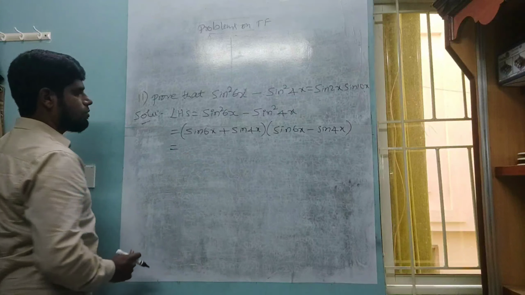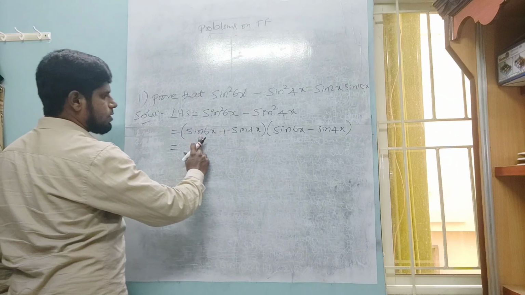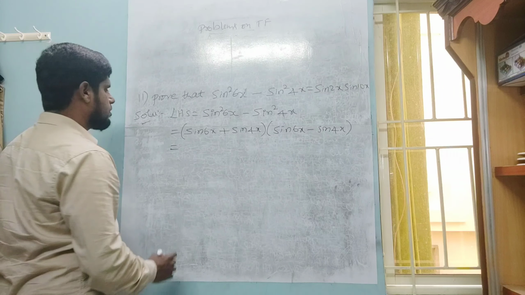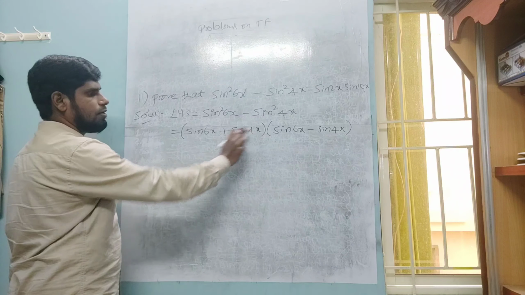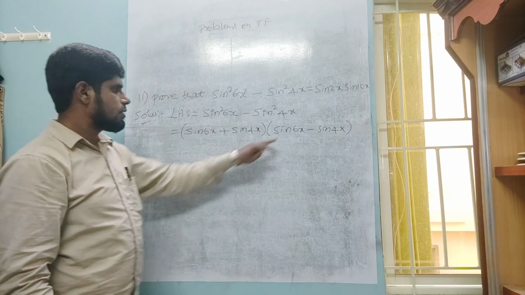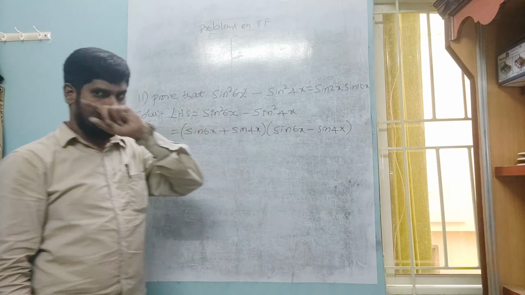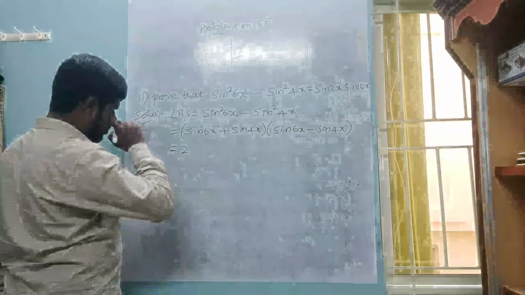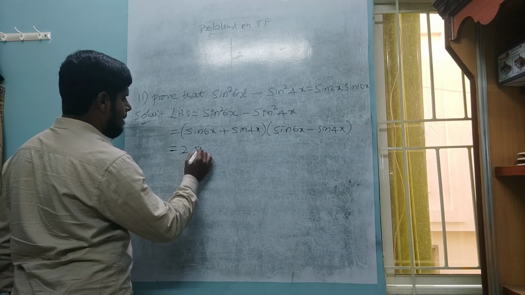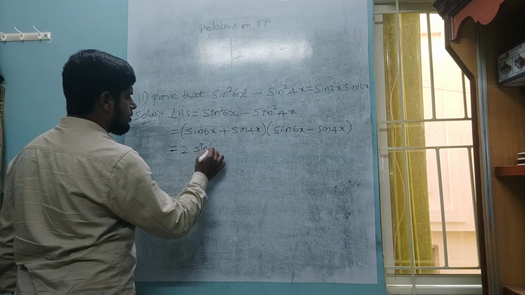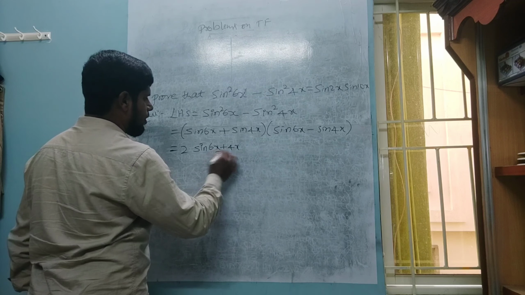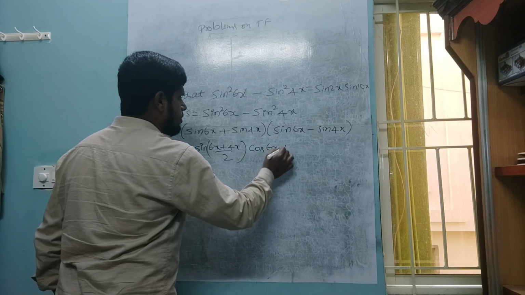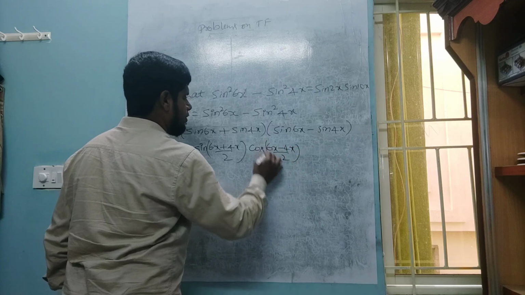So that should be equal to the sin x plus sin y formula. So student, how can I express this? This sin 6x plus sin 4x, sin 6x minus sin 4x. Now here the formulas are 2 sin (6x plus 4x) by 2 into cos (6x minus 4x) by 2.